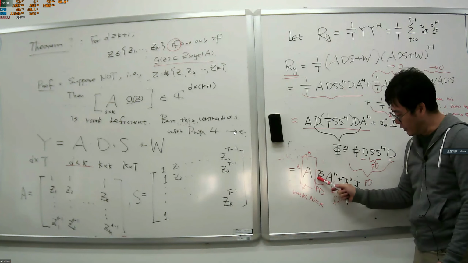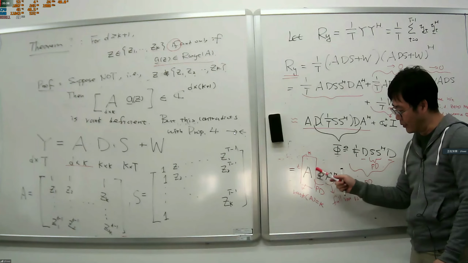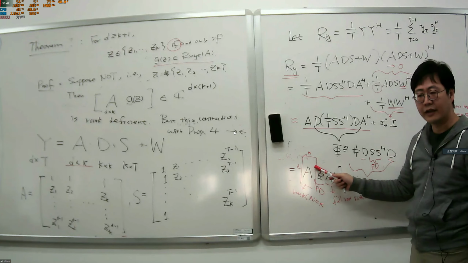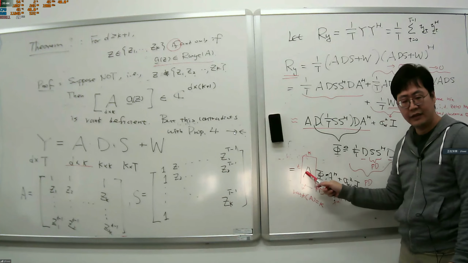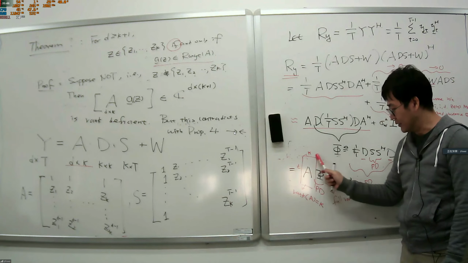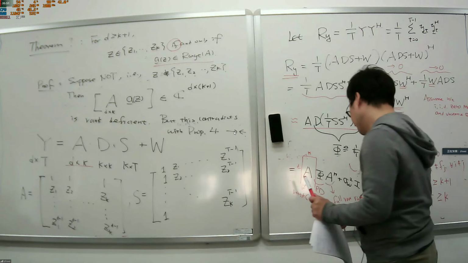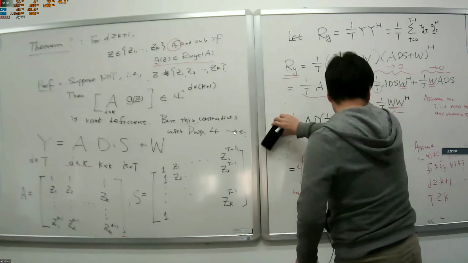And so this is a full row rank matrix multiplying the right-hand side of A. We have one property: the range space of A is the same as the range space of A times this matrix.